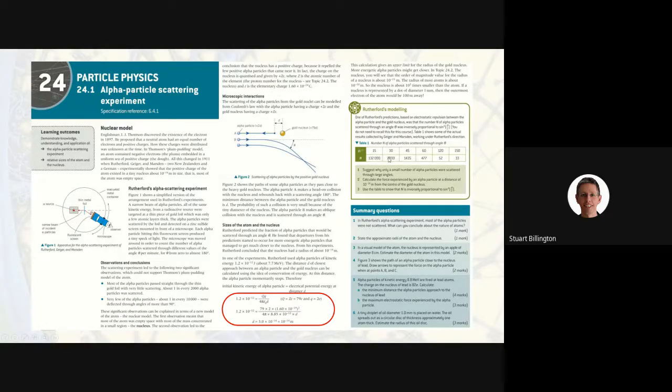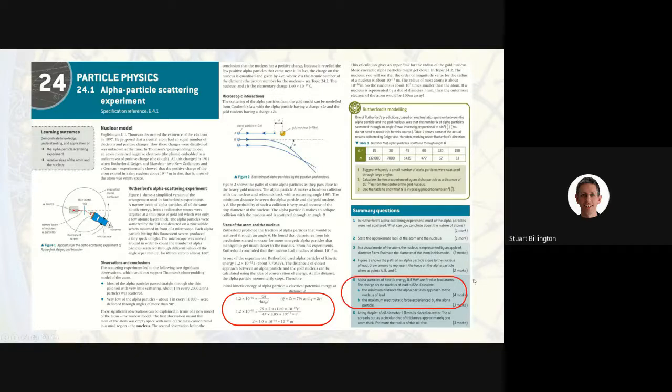These are the kind of counts that you would get from your detector at different angles. And you can do some analysis on these numbers. So it's not beyond you at all to answer these three questions as part of your private study this week. And then there are these summary questions at the end of the page.